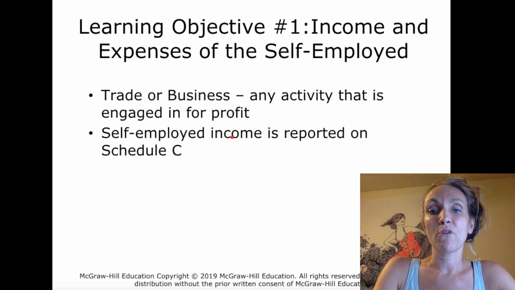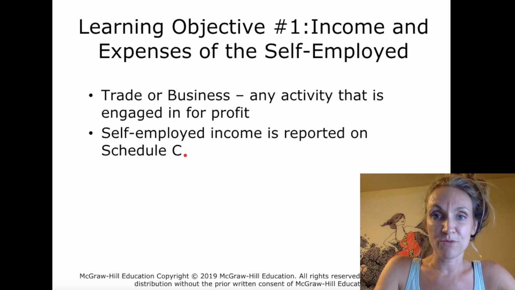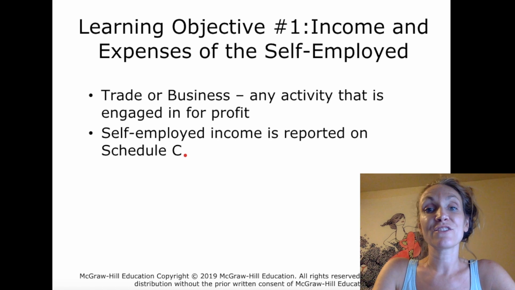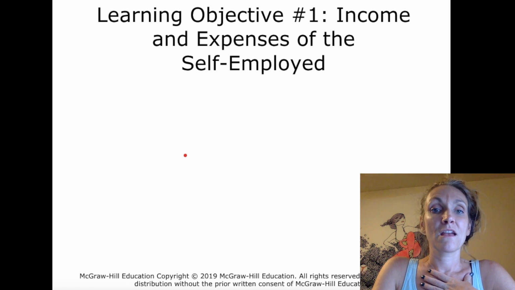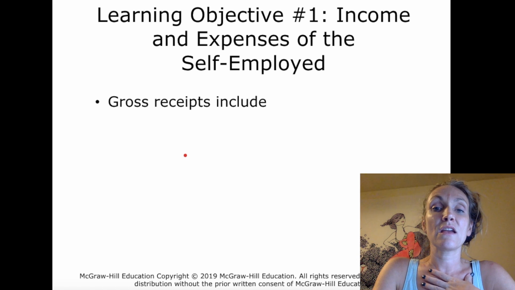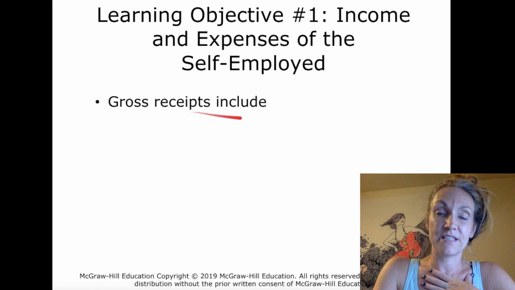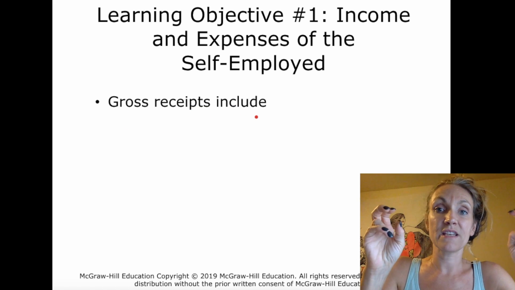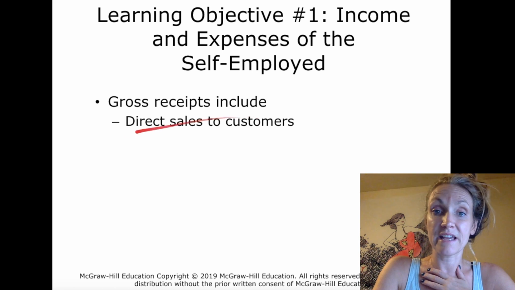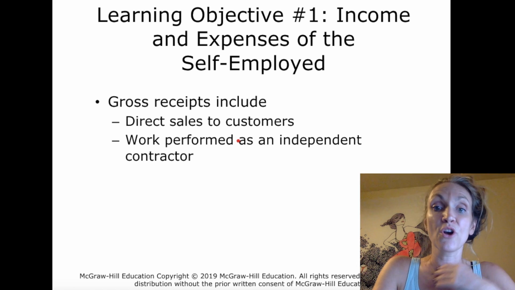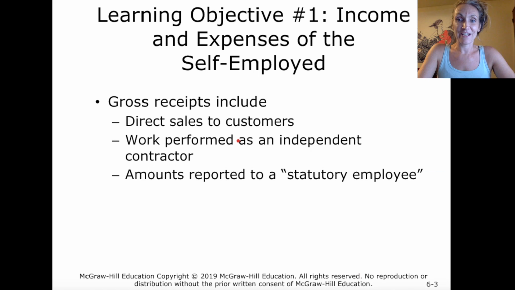So self-employed income is reported on Schedule C, which is attached to the individual Form 1040. And it includes gross receipts. So what they're saying, gross receipts, all of the income that you report on that form includes any sales to customers, work performed as an independent contractor, and amounts reported to a statutory employee.